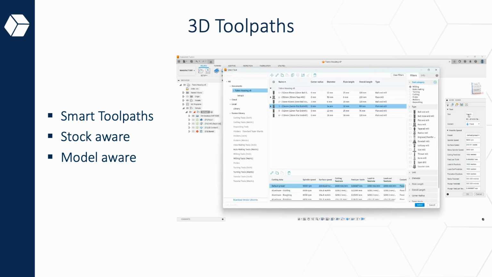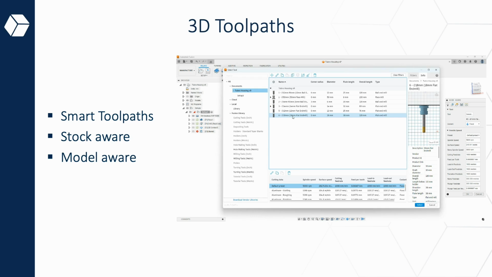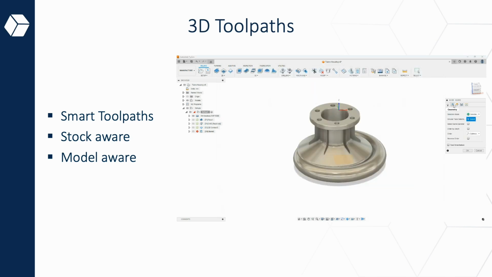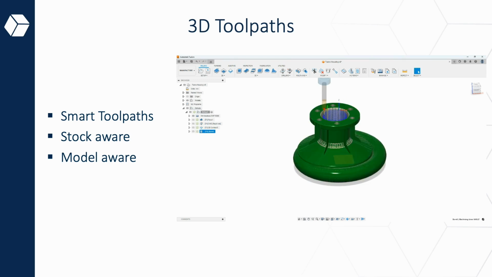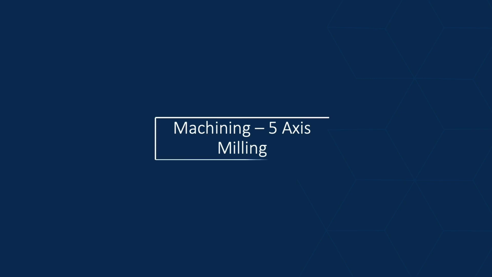We will then select a bore operation to mill the face of that inside bore. Again, selecting the appropriate tool. And we can work with the preset settings of the machining operation.